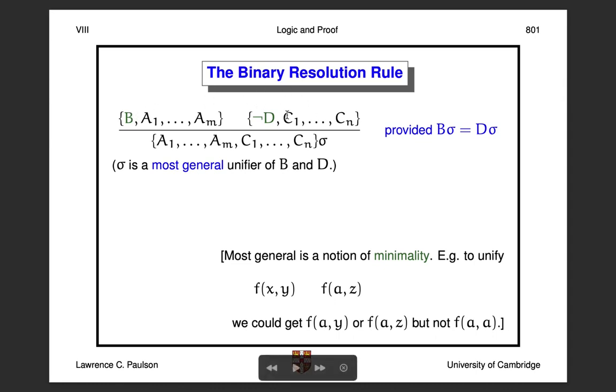So we have B and not D, and we only need B and D to be unifiable, which we write as B sigma equals D sigma. So sigma is the unifier, and the result is as before, except we apply sigma to the other literals.